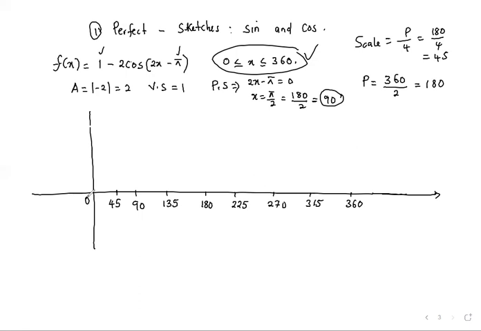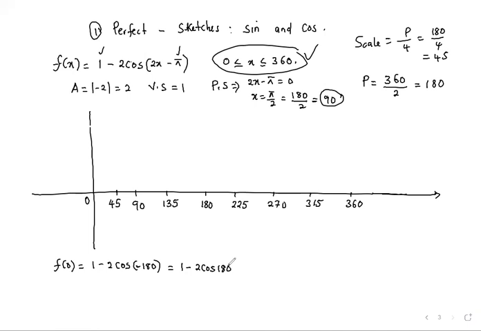0 is substituting the angle in the function. So we'll do f of 0. So f of 0 is 1 minus 2 cos negative 180. Because we have 2 times 0, that is 0. But remember cos is an even function. So we'll have 1 minus 2 cos 180.